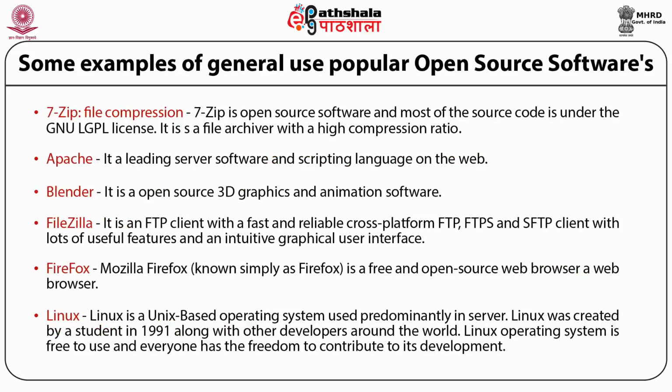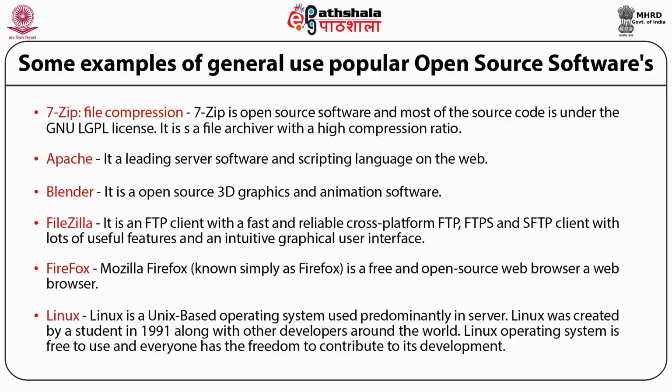Now, some examples of general use popular open source software: 7-zip. You know that the general zip software which you are using on your proprietary OS is paid now. They will ask for a registration fee, but 7-zip for compressing files is free. Apache is a leading software company which has a lot of products, like Apache Tomcat, their web server software, Maven, a lot of software tools in open source.